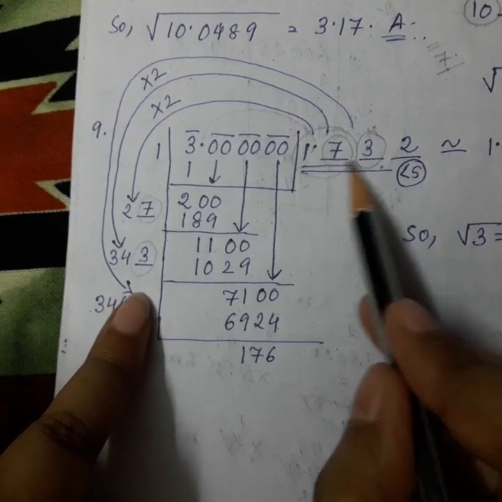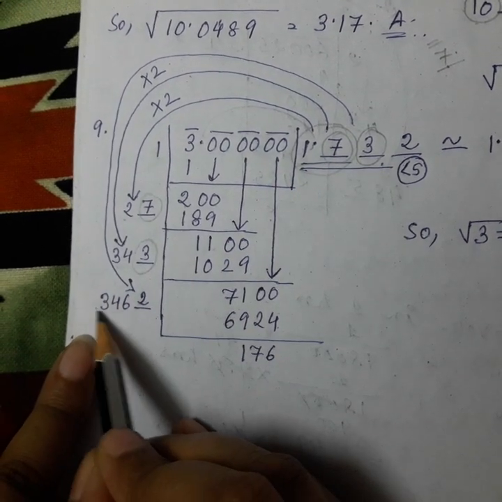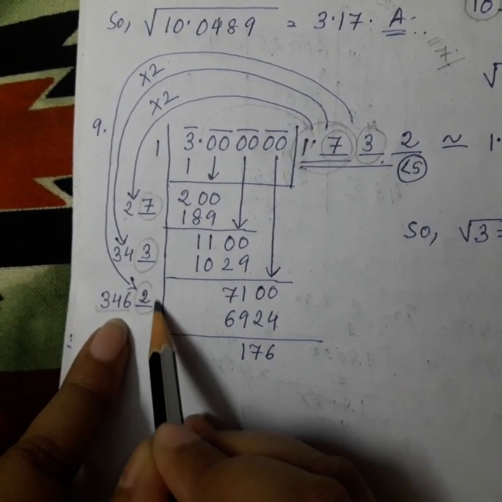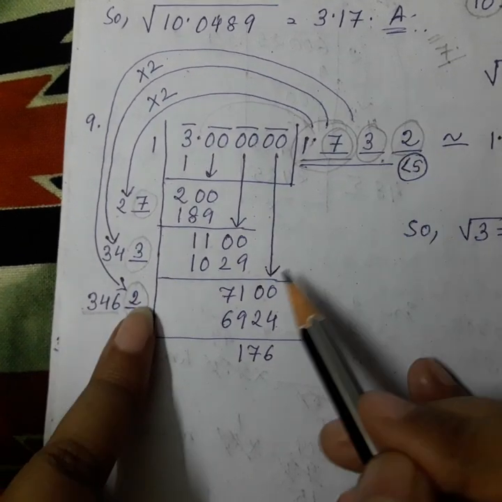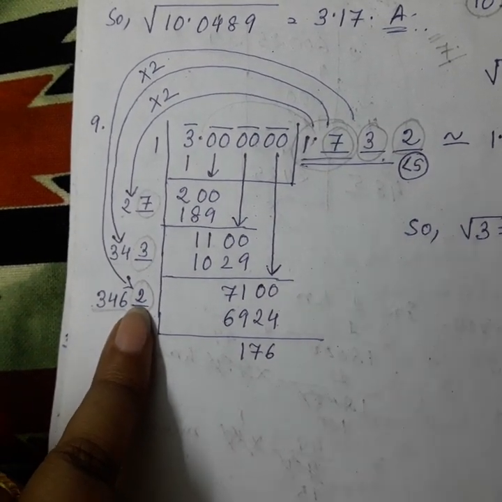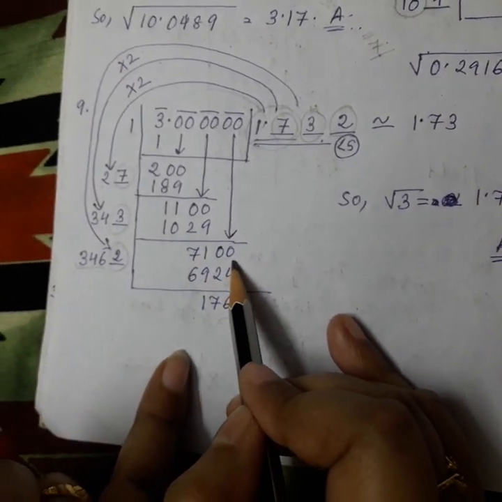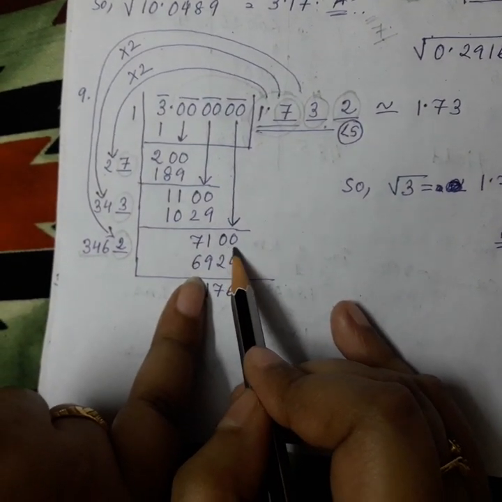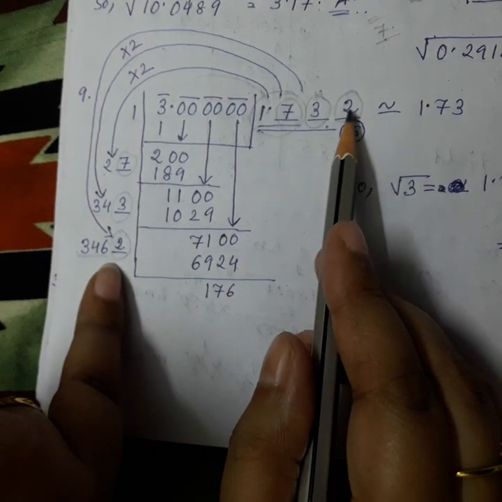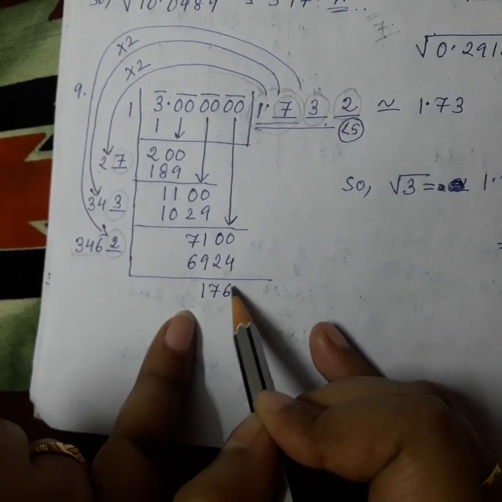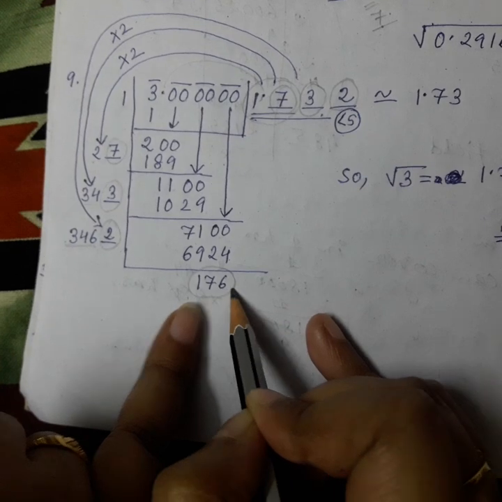So it's coming 173. Double of 173 means 346. Now we have to think about this number. Maximum 2 is going. You have to do it in rough, which number will be nearest to 7100. So maximum 2 is going, 6924, and the remainder is coming 176.